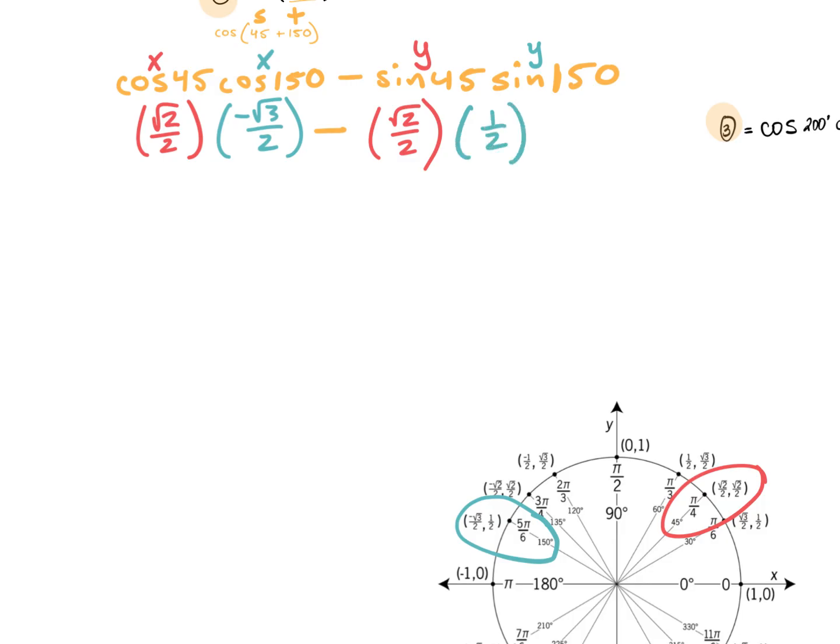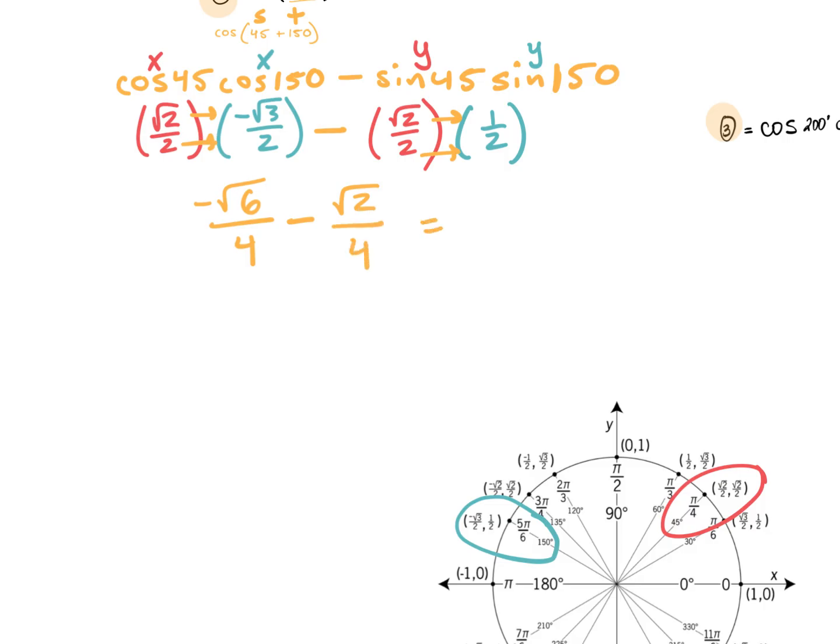Now we're going to multiply and then subtract. So when we multiply straight across here, what is square root 2 times negative square root 3? Negative square root 6 over 2 times 2, which is 4, minus square root 2 times 1, which would just be square root 2 over 2 times 2, which is 4.